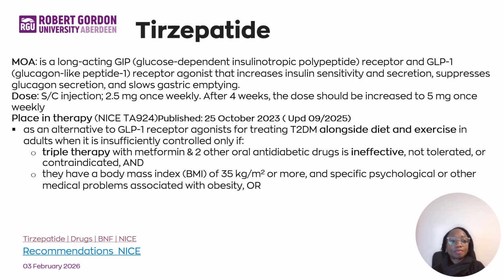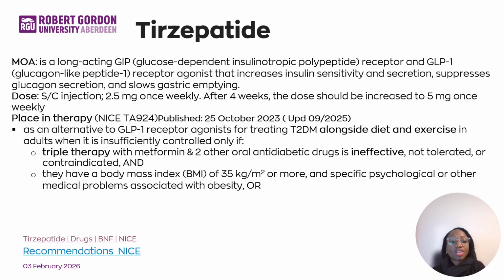According to the NICE guideline, it is an alternative to a GLP-1 receptor agonist for treating type 2 diabetes alongside diet and exercise in adults who are insufficiently controlled, only if these are the factors here: triple therapy with metformin and 2 other oral antidiabetic drugs is ineffective, not tolerated, or contraindicated, and they have a body mass index of 35 kilograms per meter squared or more, and specific physiological, psychological, and other medical problems associated with obesity.